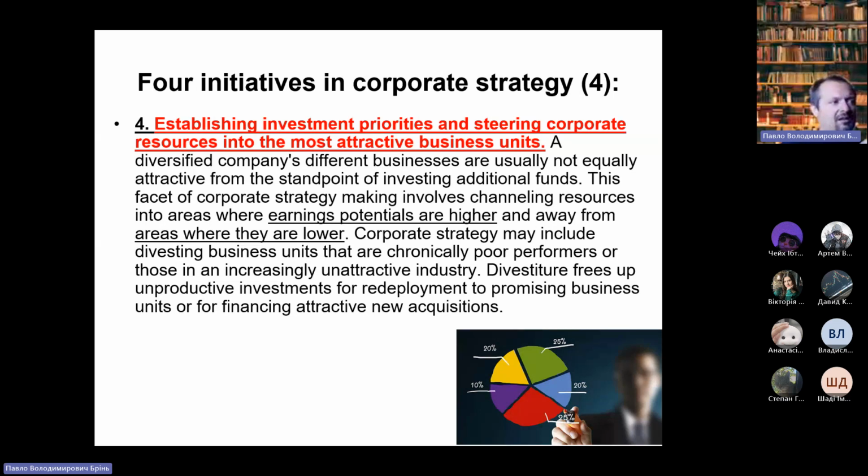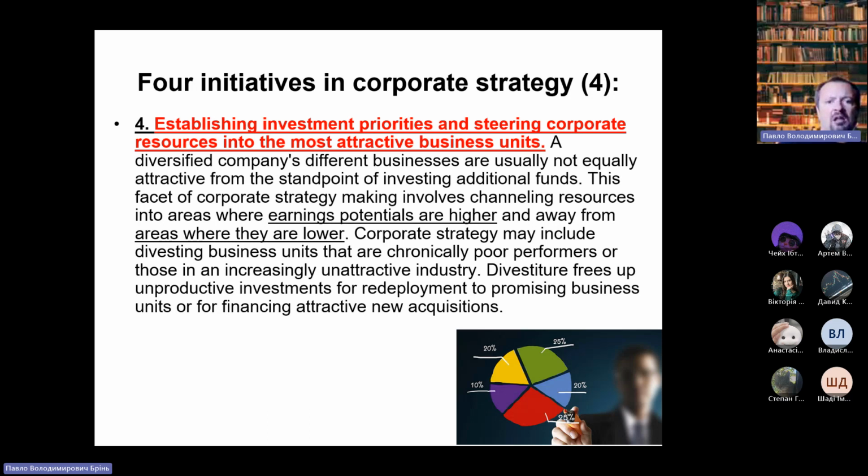It needs more and more money, capital to grow. But the management of a diversified company has to think that it is better to invest in these strategical business units, but not in these. And all these decisions must be made at the level of corporate strategy.